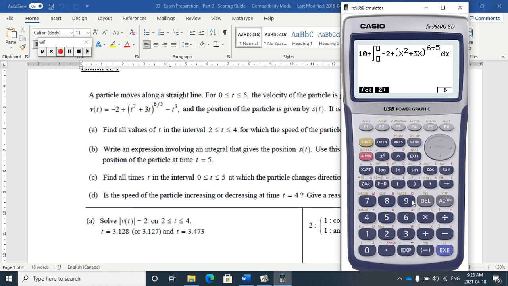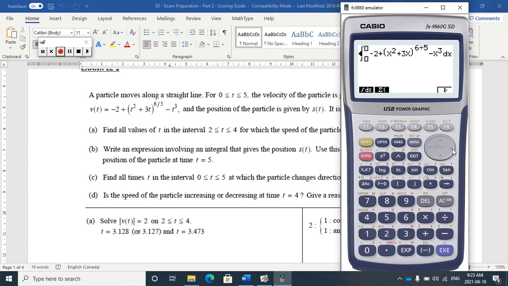It wouldn't let me use the fraction button up there, so I went 6 divided by 5. But I'm not so worried about having a bracket in that exponent because it's showing me where the bracket is. And then minus x cubed. Oops, I didn't get that exponent in there just right, so x cubed.